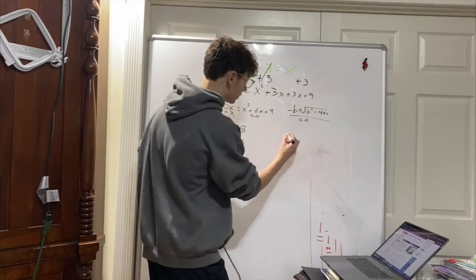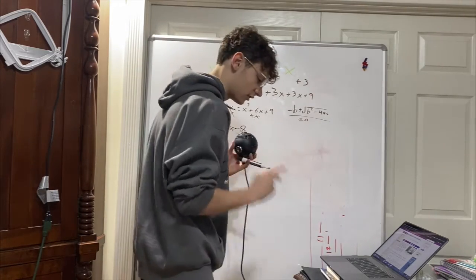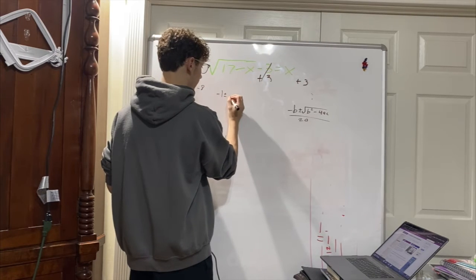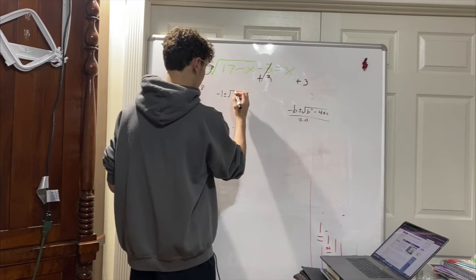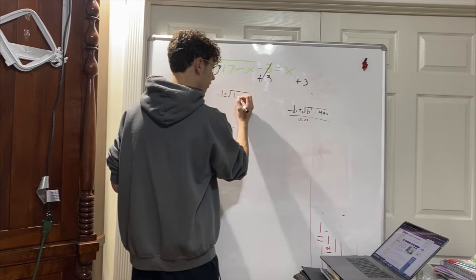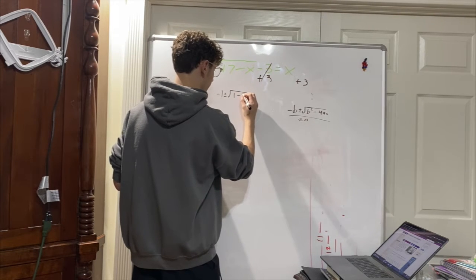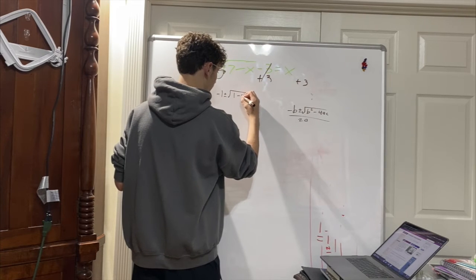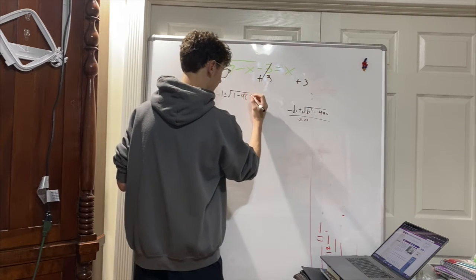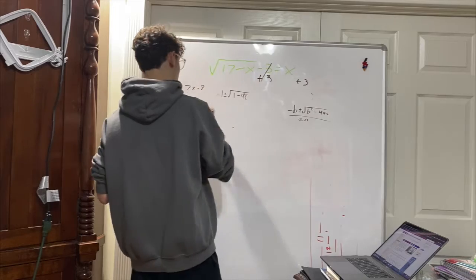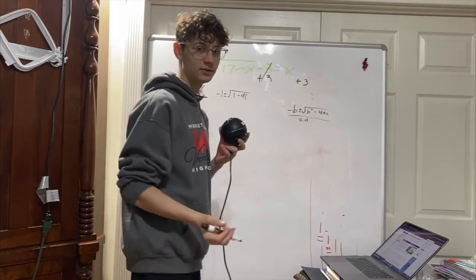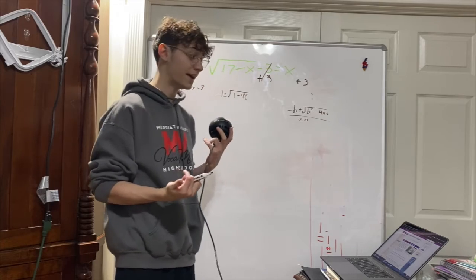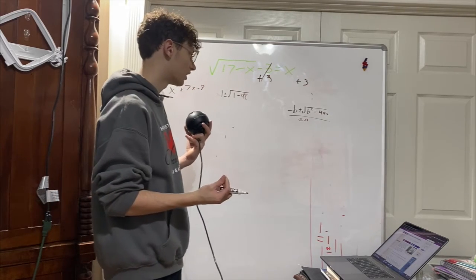So it's going to be negative 7 plus or minus the square root of 7 squared minus 4 times 1 times negative 8, over 2 times 1. I typically, if a is 1, I'll just skip steps.